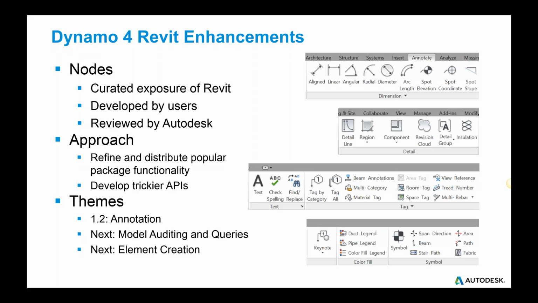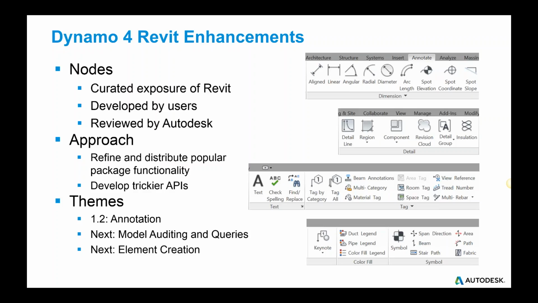We worked with API developers in that company, really trying to make sure that we were still doing the development from a user perspective, and also with the idea that this is the kind of development that relies on publicly available APIs and is part of the spirit of the open source nature of what Dynamo is. So the way that we did this was this external consultant developed a bunch of nodes. We reviewed them, we brought them in, and we had a lot of dialogue back and forth about that.